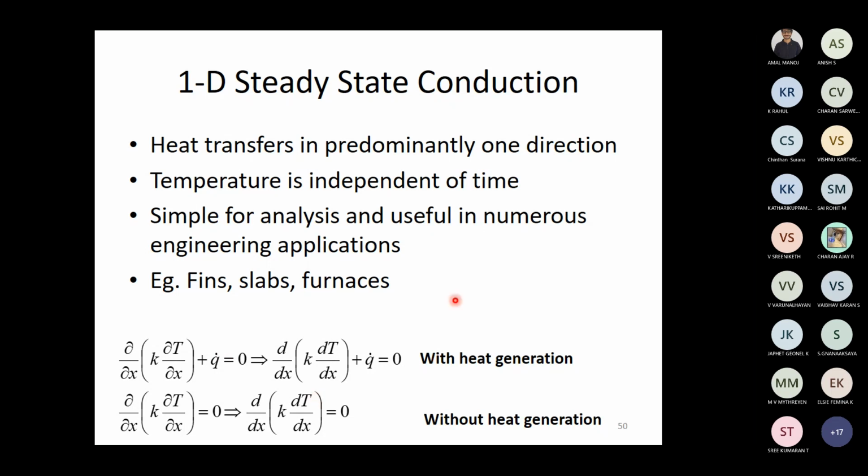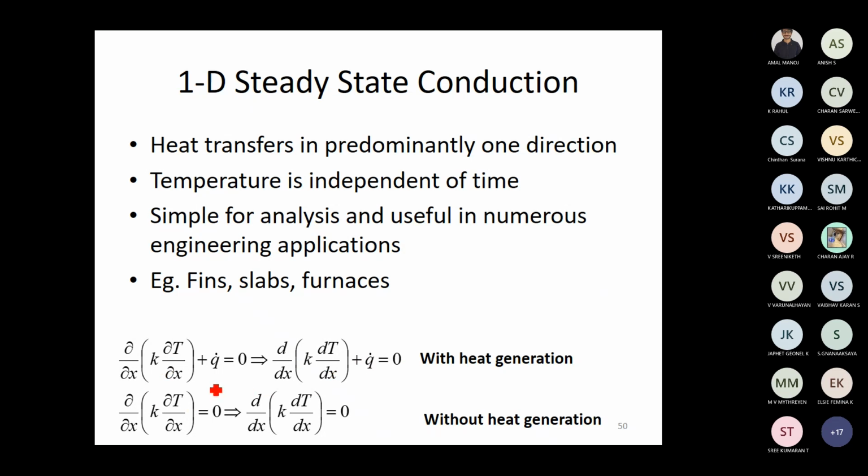So we have dou by dou x of k dou t by dou x will be d by dx of k dt by dx, and this will be equal to 0.